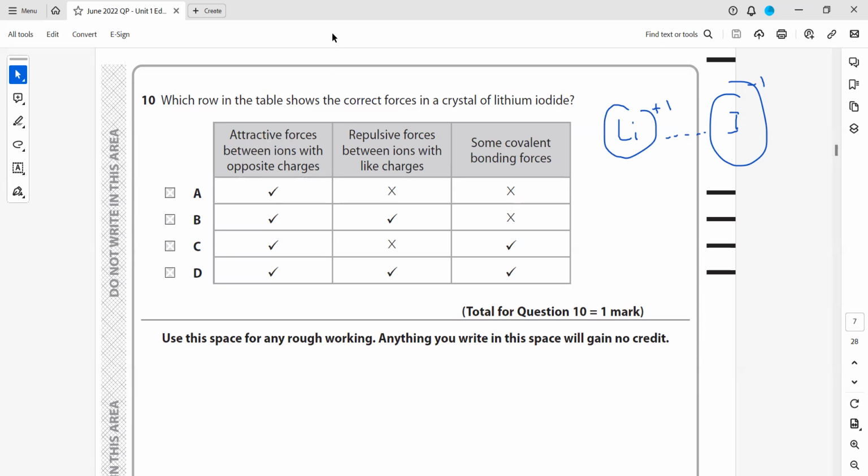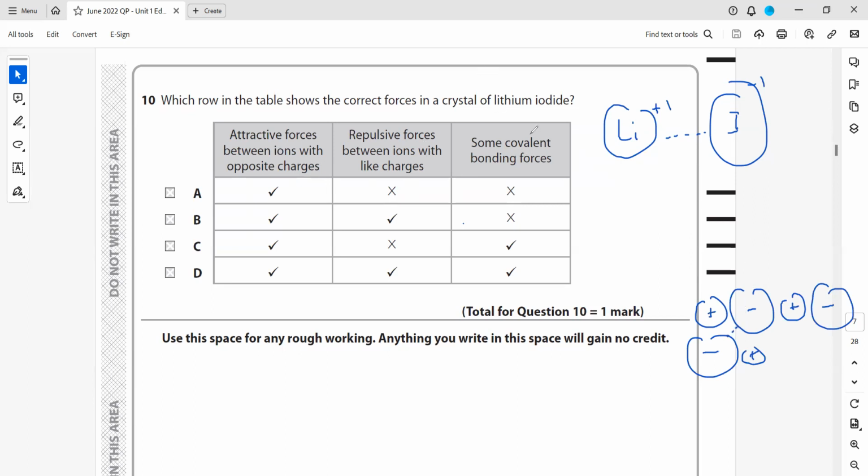So there will be attractive forces between the ions of opposite charge. That's correct. There will be repulsive forces between ions with like charges. That's also correct. For example, when we draw a lattice, say this is a lithium ion, then iodide, then lithium, then iodide, lithium. So between like ions there will be repulsion.